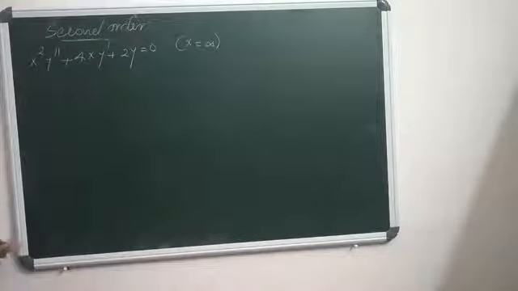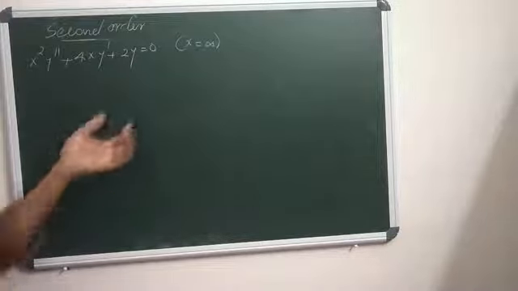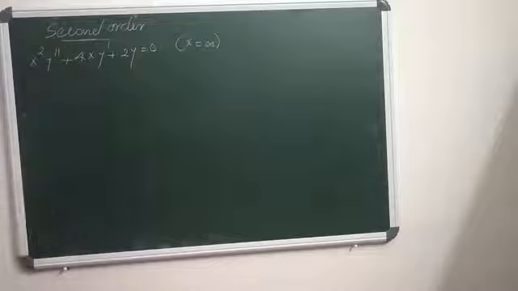Is x equals infinity a regular singular point or not with respect to this differential equation? So we consider this question. Consider the differential equation x square y double dash plus 4xy dash plus 2y equals 0. Our question is whether x equals infinity is a regular singular point of this differential equation, whether it is a regular singular point or not.